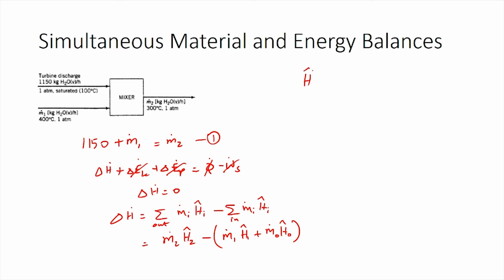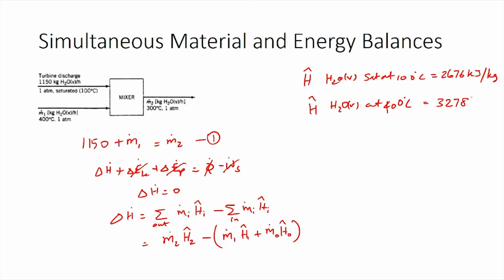The specific enthalpy H cap for water vapor which is saturated at 100 degrees Celsius is equal to 2676 kilojoules per kilogram. The specific enthalpy of water vapor at 400 degrees Celsius, the superheated steam, would be 3278 kilojoules per kilogram.